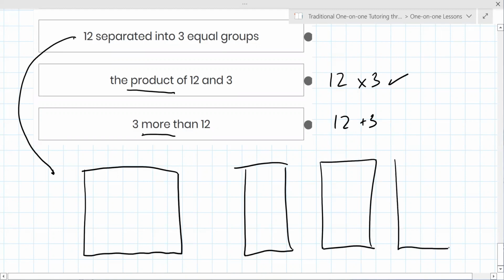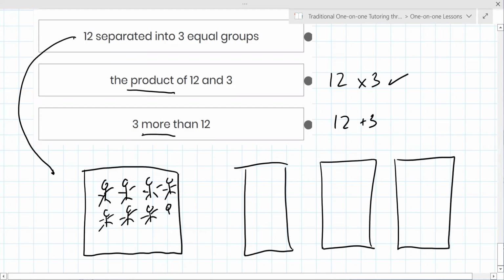Like imagine you and 11 of your friends are over here, right? 1, 2, 3, 4, 5, 6, 7, 8, 9, 10, 11, 12. And now you're split into 3 equal groups. So there's 1, 2, 3, and 4 for each.